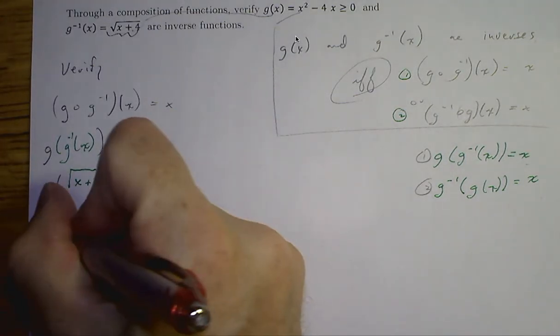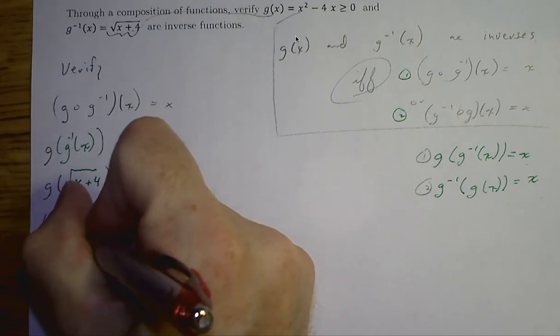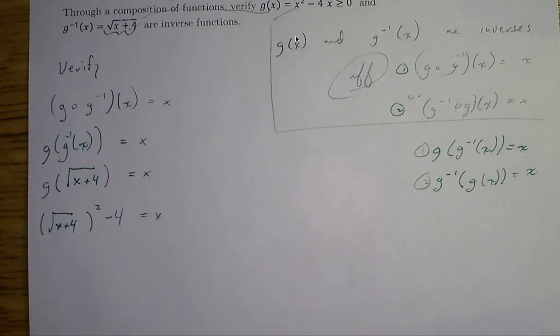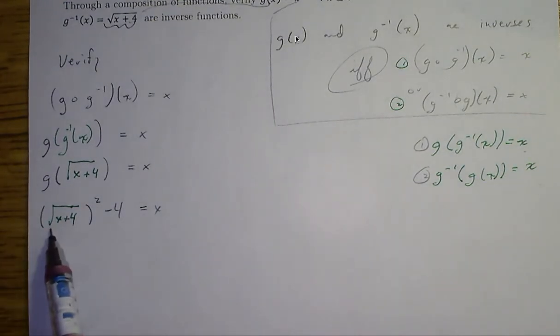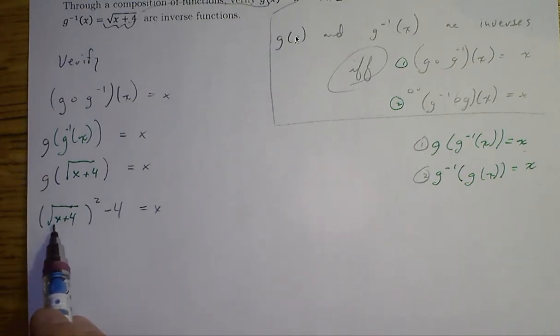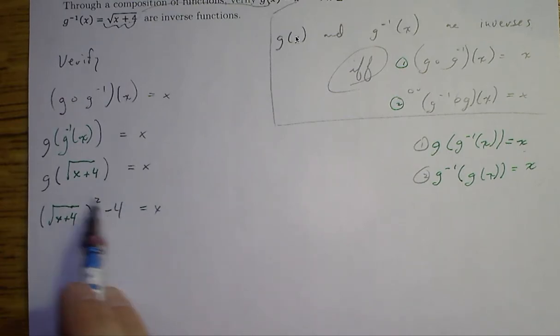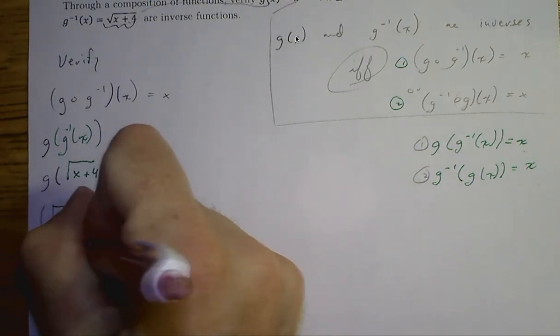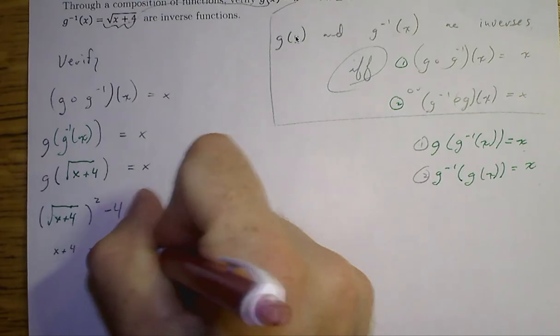And my input here is the square root of x plus 4. Right about now, you may recognize that squaring a square root cancel each other out. More precisely though, the inverse of a square root function is squaring. So these two operations undo each other, leaving only x plus 4 minus 4.